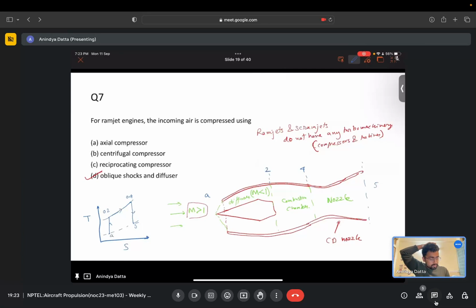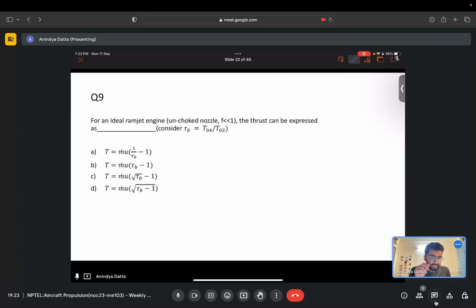A to 02 is our intake plus compression process, 02 to 04 is our heat addition or combustion chamber, and 04 to 5 is our expansion through the nozzle. These 2 and 4 are just chosen to be consistent with the station numbers in case of a simple turbojet engine. So this is T04 by T02, our temperature ratio.